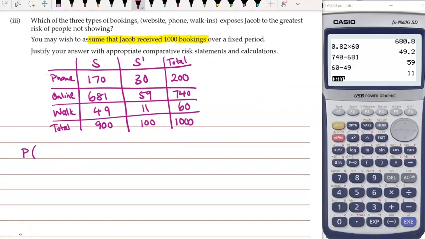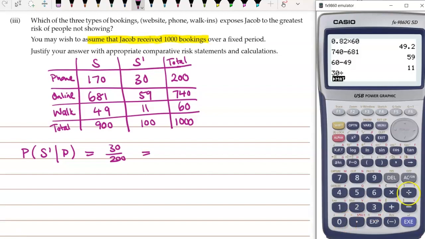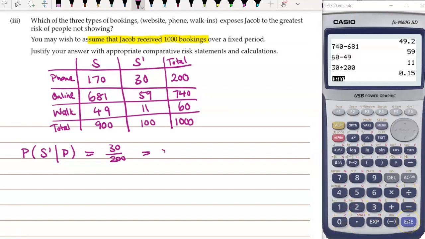Right, so the probability that they don't show up if they booked on the phone is 30 out of 200, 0.15.